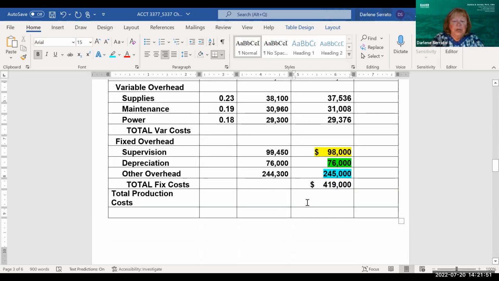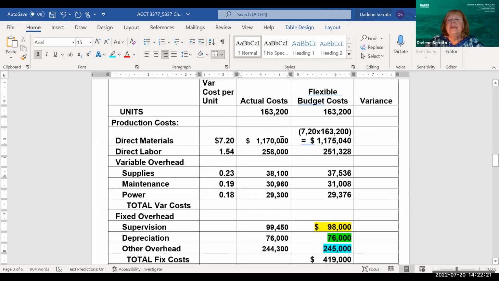So the total production cost ends up being $1,943,288. Actual ends up being $1,946,110.